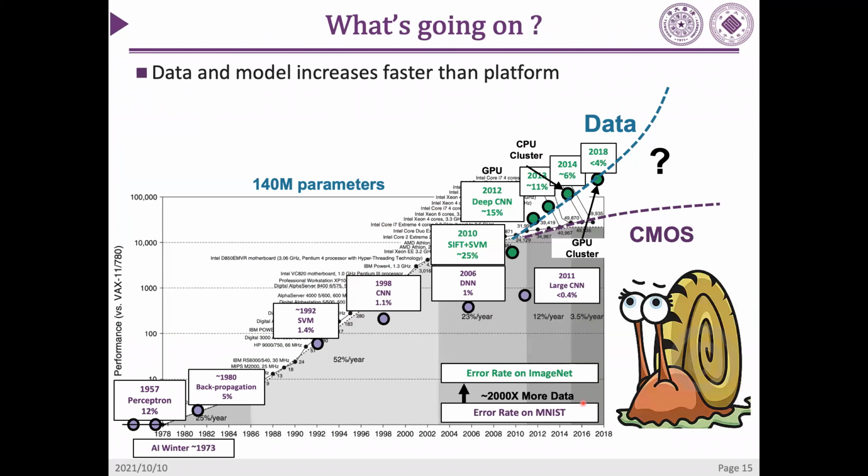The reality is that the amount of data and the model parameters have grown much faster than the hardware platform. You can see that the data is becoming more and more, but the scaling down has stopped. Maybe now it is 3 nanometer, or maybe it will last for a pretty long time.